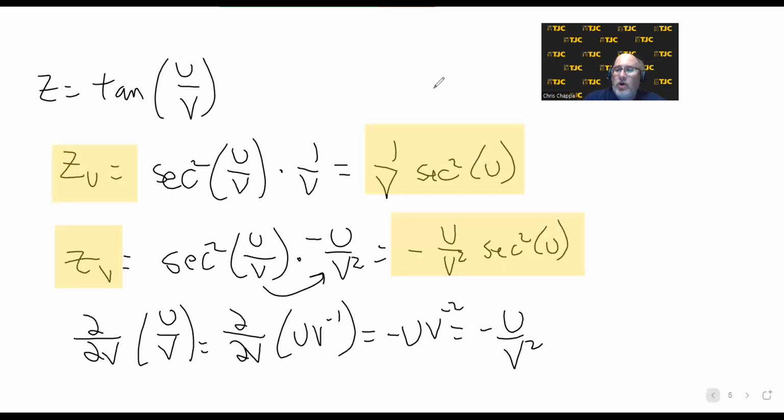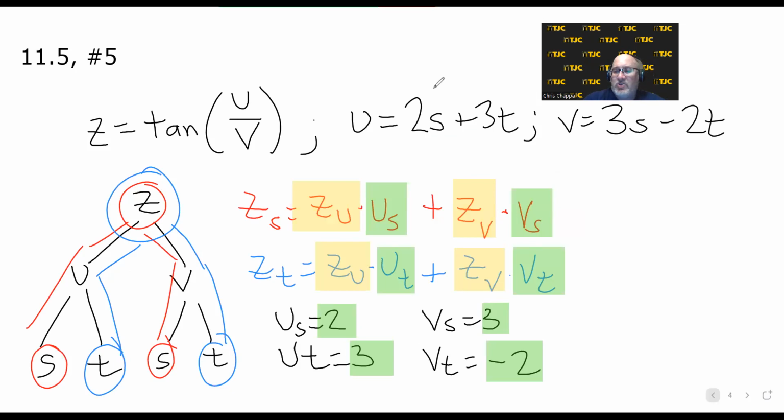Remember, u was 2s plus 3t. I better write this down. U is 2s plus 3t, and v is 3s minus 2t. All right.